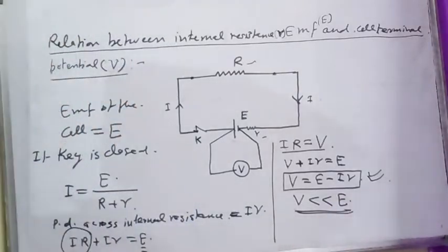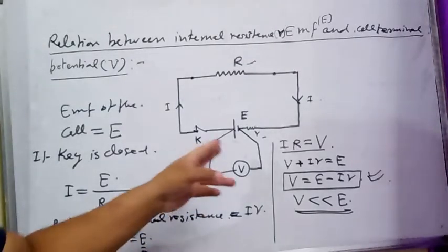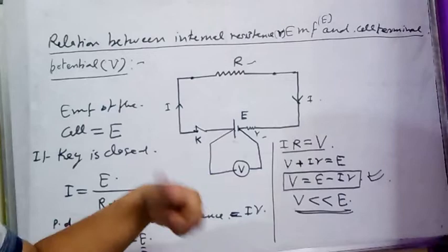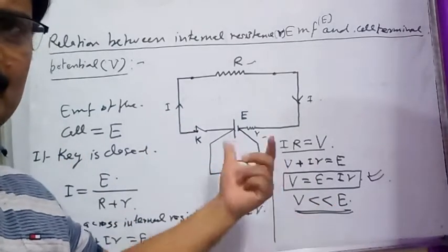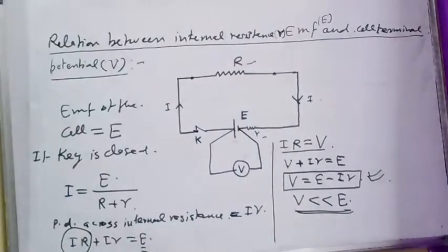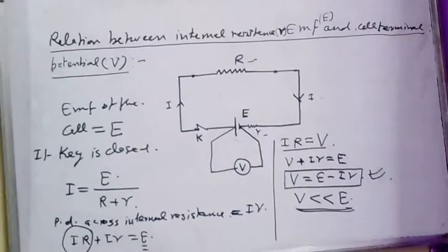It means EMF of the cell is maximum potential difference between its terminals. So whenever the cell is connected in a circuit, its cell terminal potential is going to be less than its EMF, at the time of discharging of the cell, when current is being drawn from the cell.